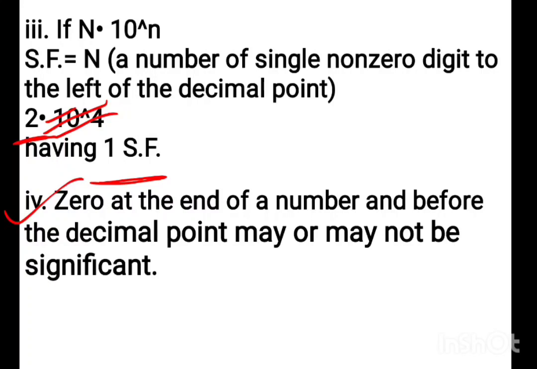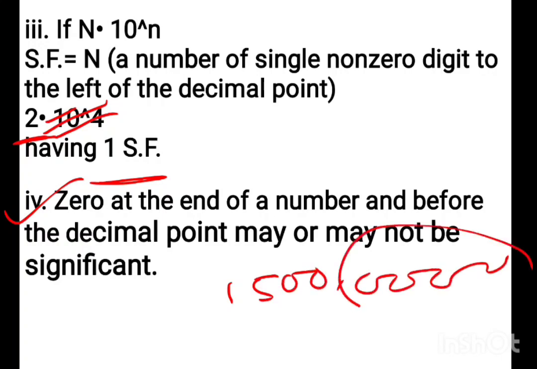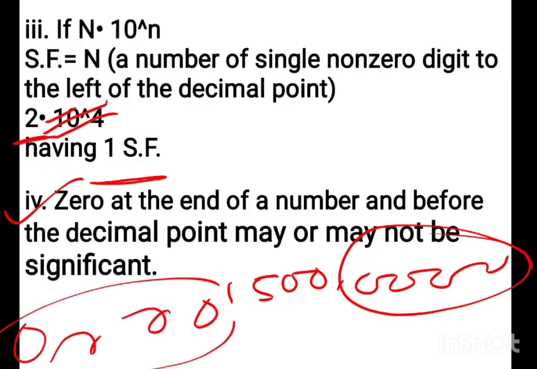Suppose sometimes you can put 1500, or 0.0000, so many zeros. Suppose 1500, 0.0000 you can use. So all these 0s are insignificant, they are not significant. And before the decimal you can use 0000, they are also not significant. Okay, clear?